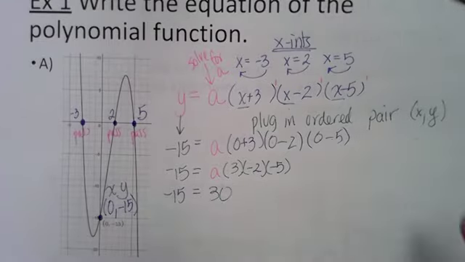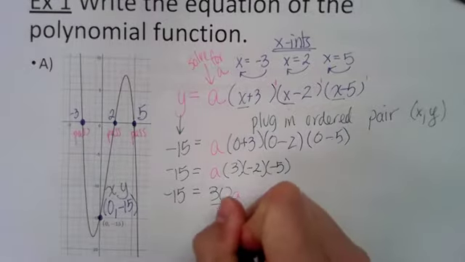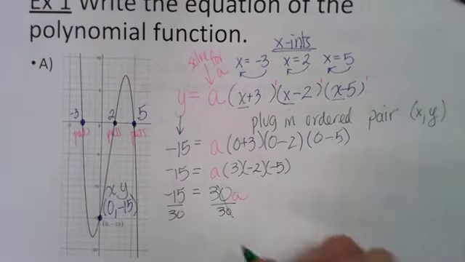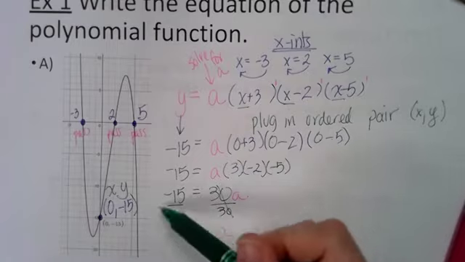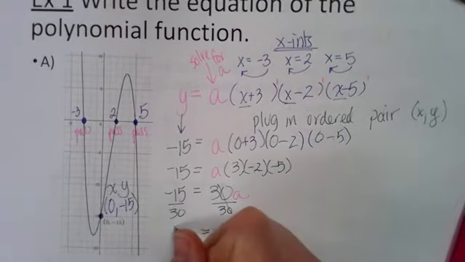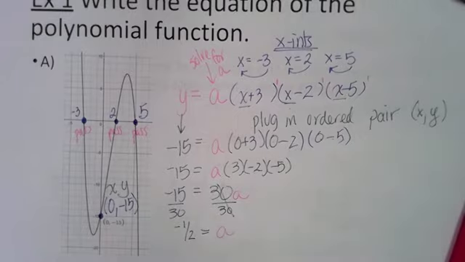So we get 30a. And how do I get a by itself? Divide by 30. So we get a equals a lovely fraction here. What's this fraction? -1/2. Good. Divide both by 15.